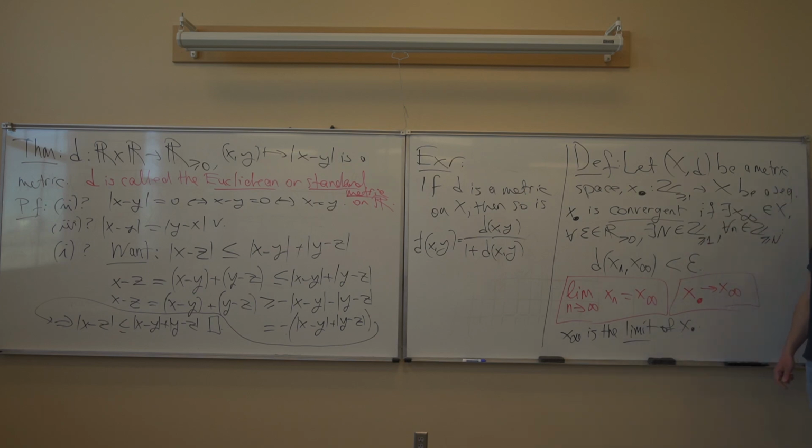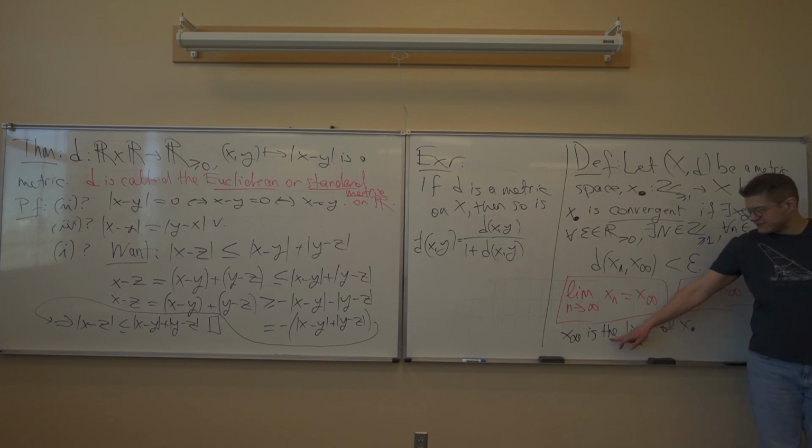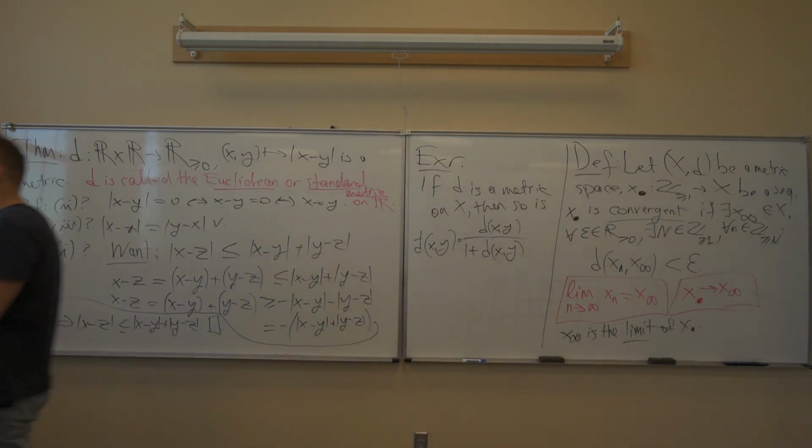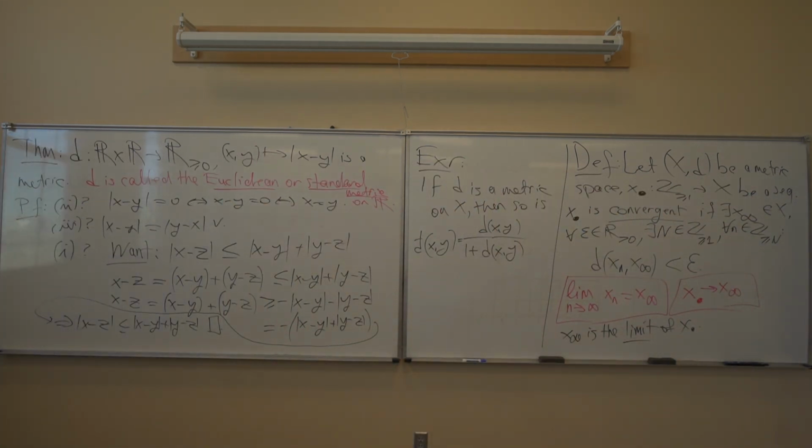Now, we had talked about how you should be careful about definite and indefinite articles. When I'm saying it like this, it sounds like this x infinity, the limit, is unique. And that is indeed true, and that's going to be an exercise. If a sequence converges, it converges to a unique limit.